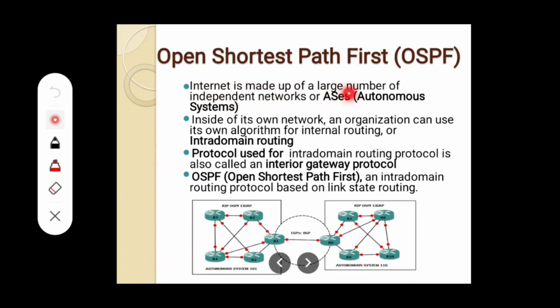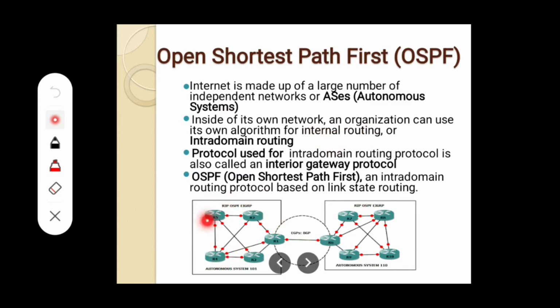Internet is made up of a large number of independent networks or autonomous systems. Inside of its own network, an organization can use its own algorithm for internal routing or intra-domain routing. Okay, so each of these autonomous systems can use their own algorithm for internal routing.